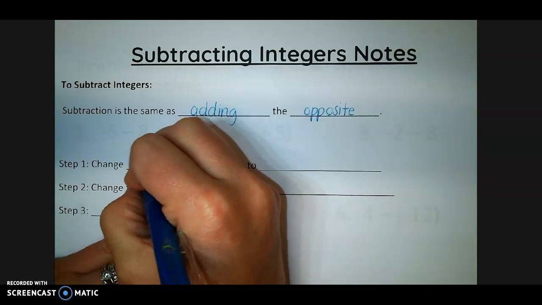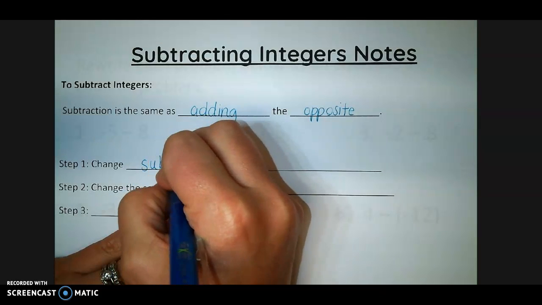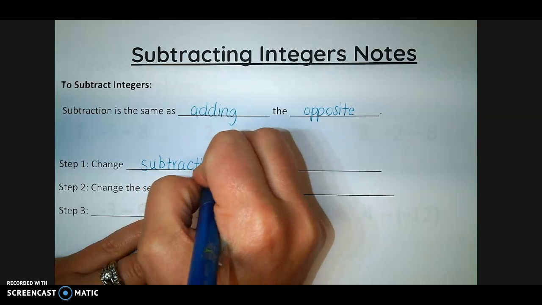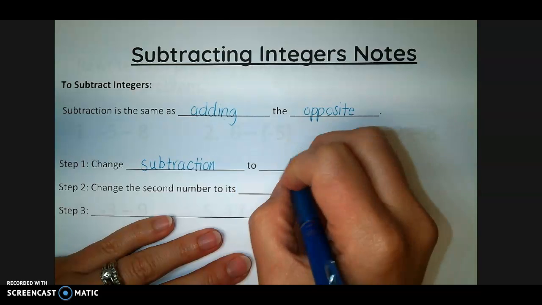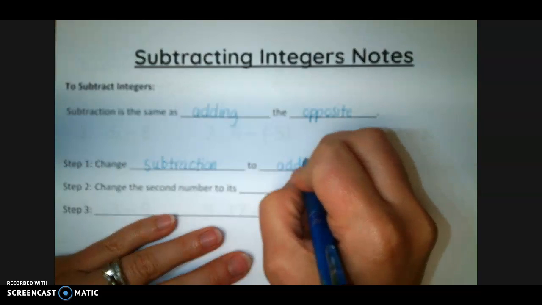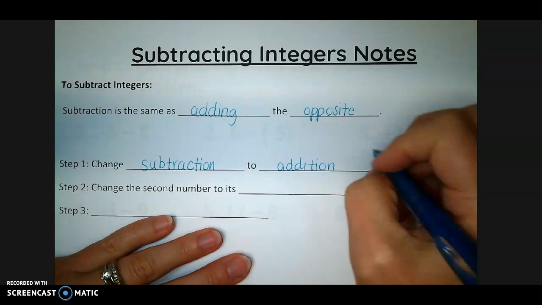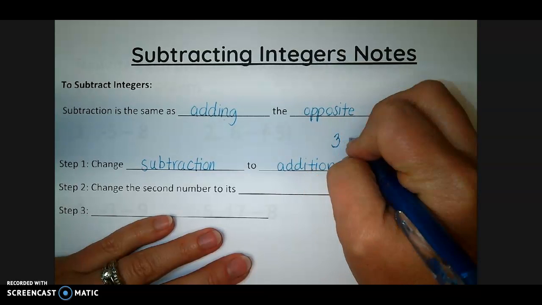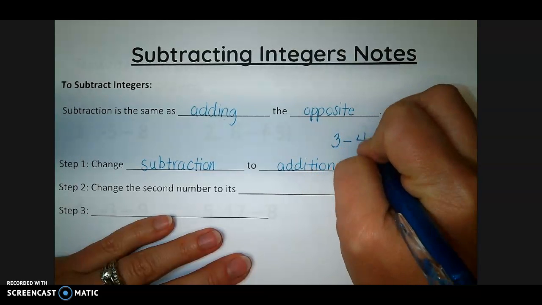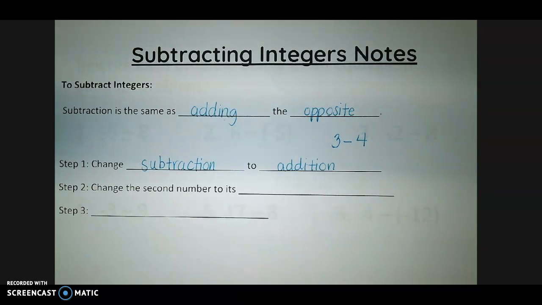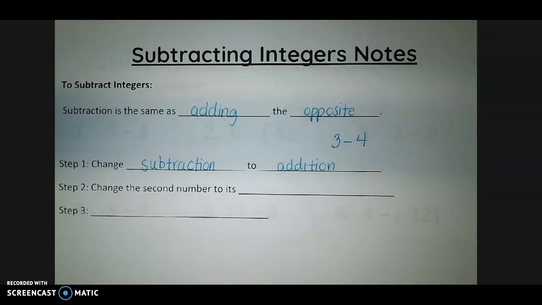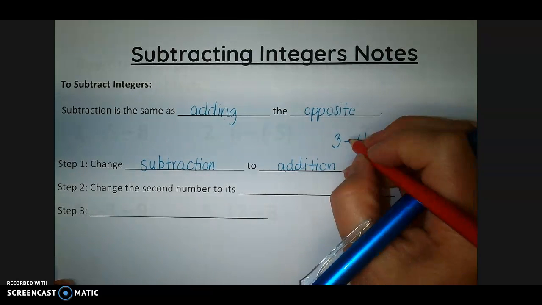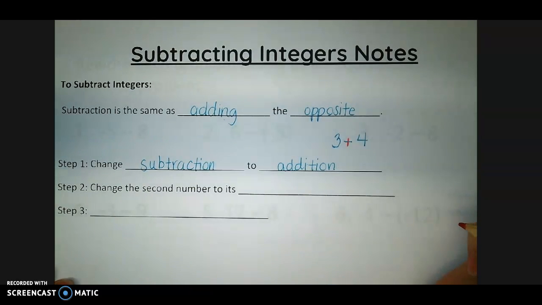So change the subtraction sign. Since it's the same as adding the opposite, we're going to change the subtraction to addition. So if I have 3 minus 4, I'm going to change that subtraction to addition. That's step 1.